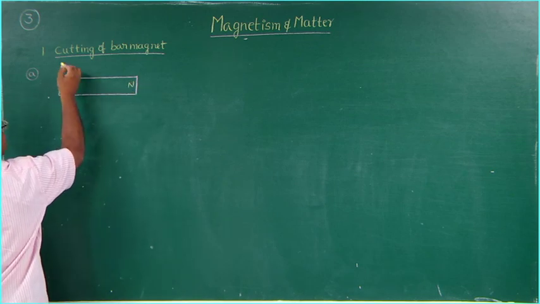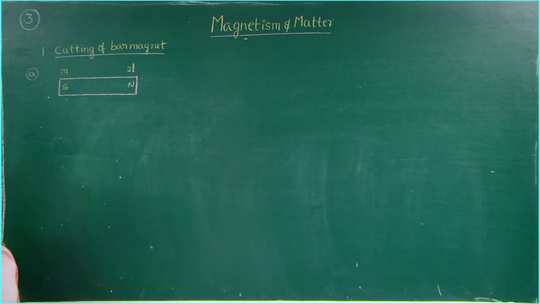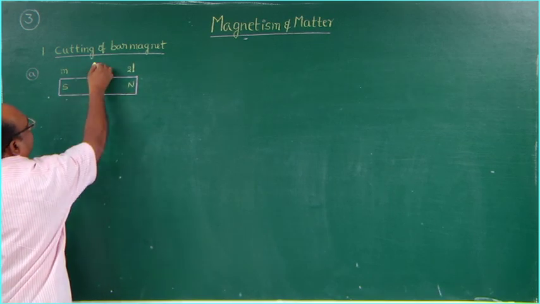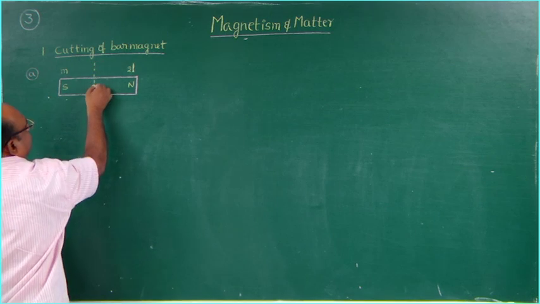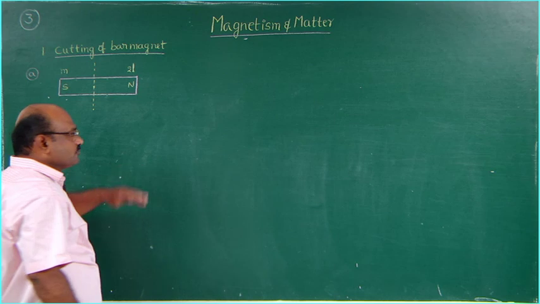Pole strength of the pole is m, magnetic length is 2L. Now, this is the center of the magnet. It is made into two equal pieces as shown in the figure.